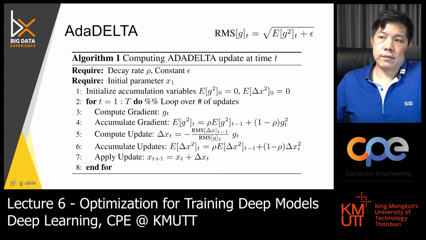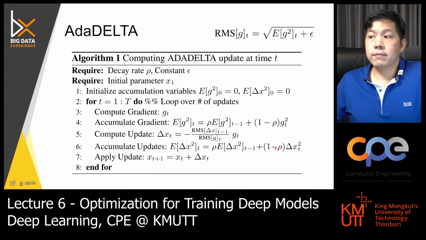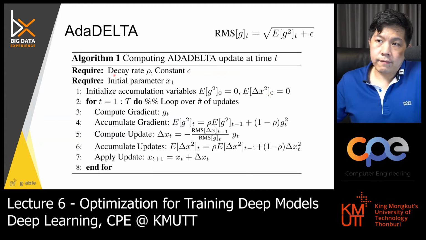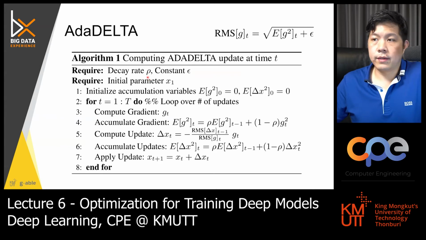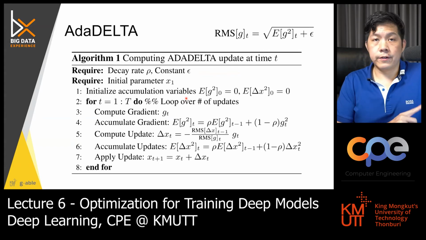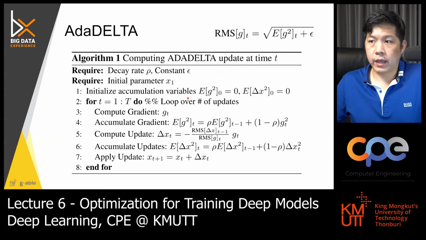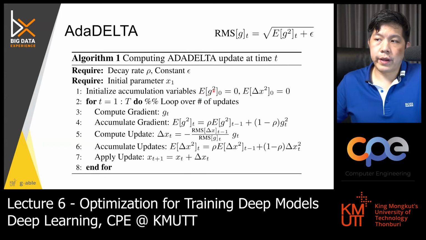Right, so this is the algorithm. Let's dig in. We have a decay rate rho, a constant epsilon, and an initial parameter x1. We first need to initialize the accumulation variables, just like in Adagrad. The accumulation variables here are E of g squared, the gradient squared, equals 0, and E of delta x squared equals 0 as well.